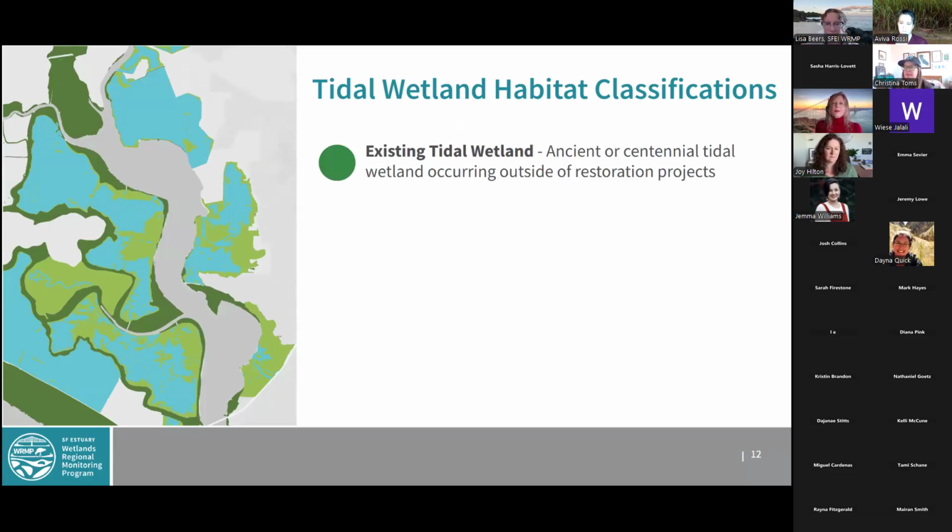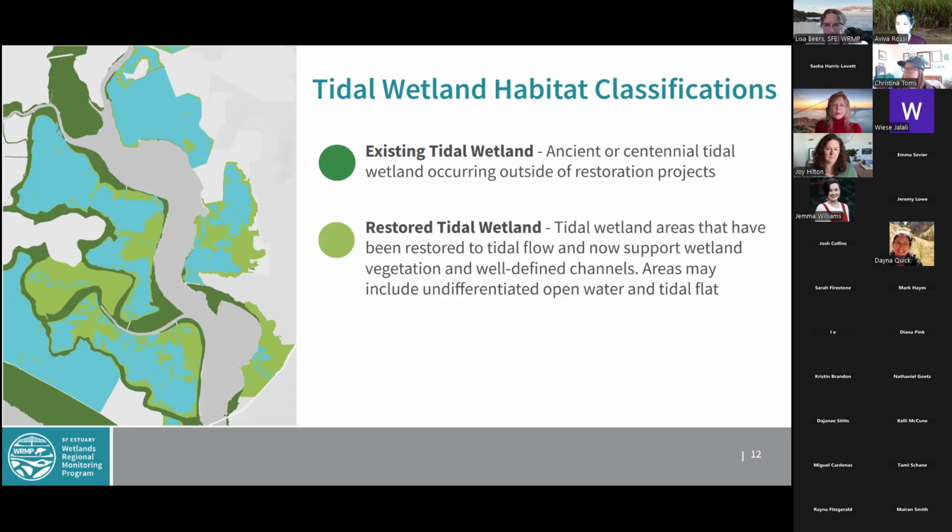So we have our existing tidal wetlands, which are ancient or centennial tidal wetlands occurring outside of restoration projects. Our restored tidal wetlands basically have the same ecosystem functions as existing tidal wetlands, but they were restored to tidal flow either through intentional or unintentional means.